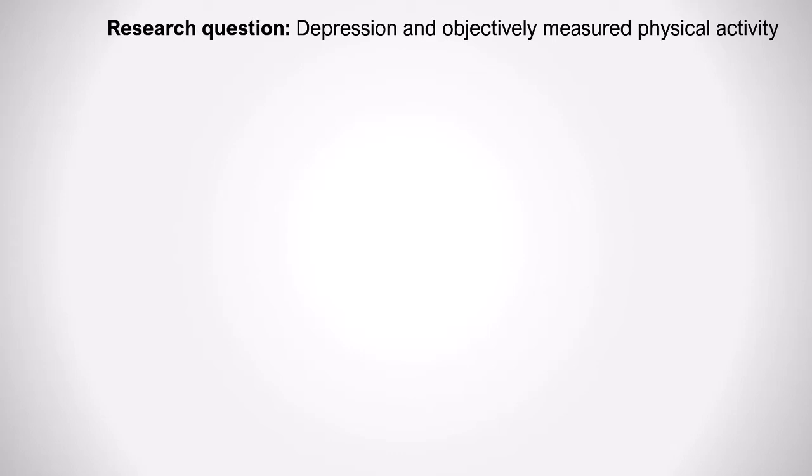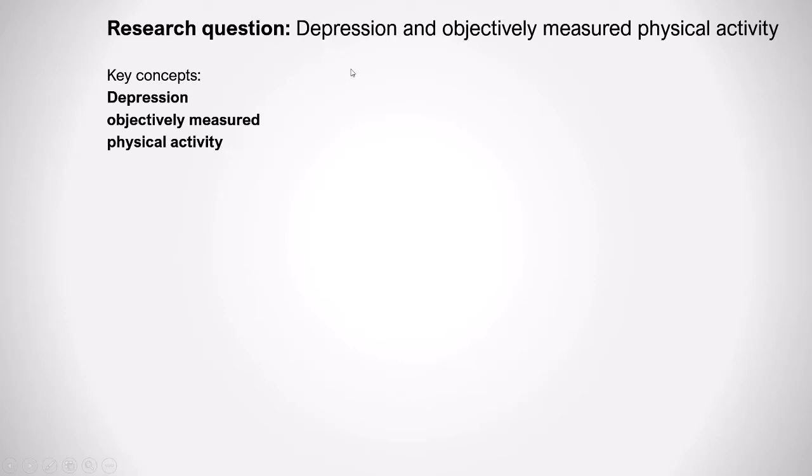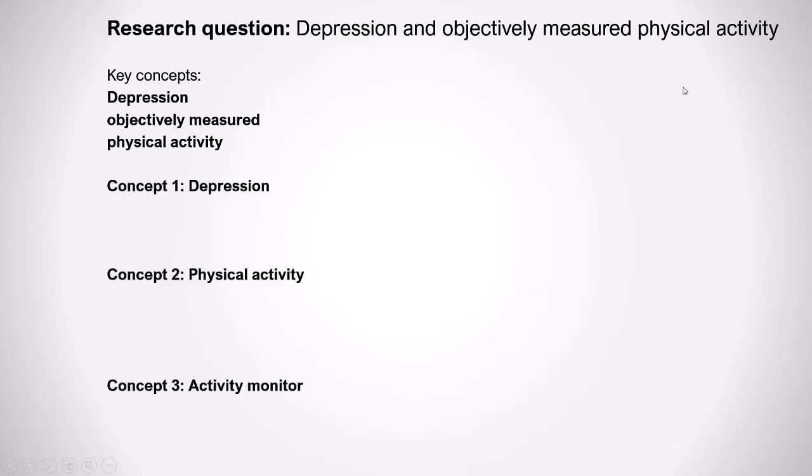If we just look at the title, we can see an obvious concept is depression, and then another key concept would be the fact that we want studies that have used a certain measurement method, so it's objectively measured. And what are we measuring? Physical activity. So we've got three key concepts there: number 1, 2, and 3: depression, physical activity, and the mode of monitoring.